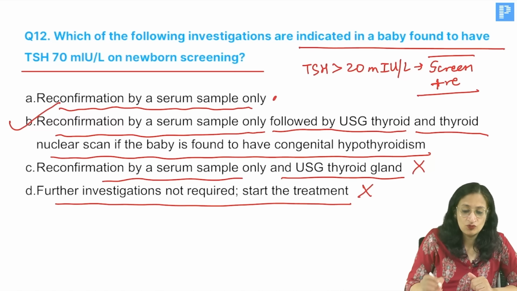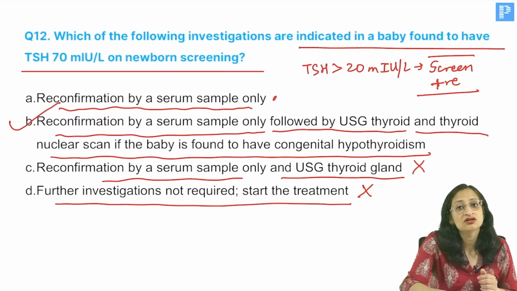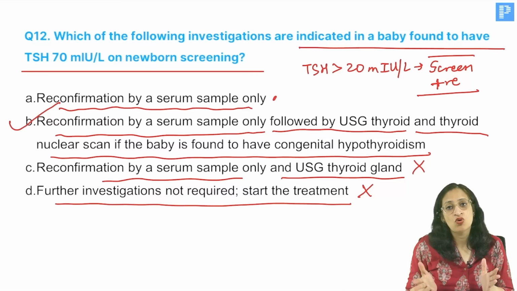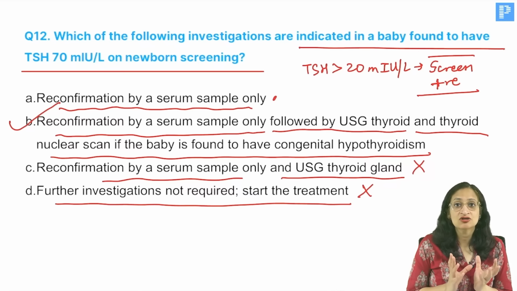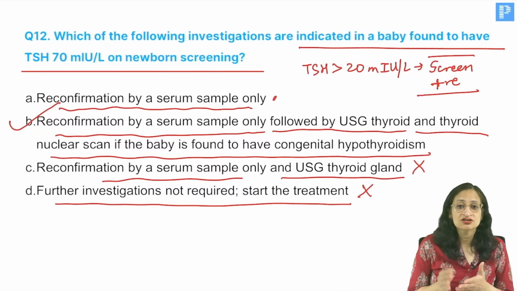Start the treatment? No. Because if you're giving thyroxine to the baby, you might have to give it lifelong, because there are some cases where it could have been transient hypothyroidism. But in conditions like thyroid dysgenesis, thyroid dyshormonogenesis, the thyroid gland has not formed properly, or the thyroid hormone synthetic pathway is defective, lifelong treatment is required.